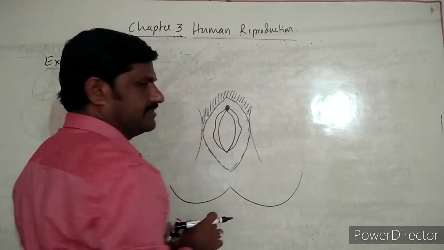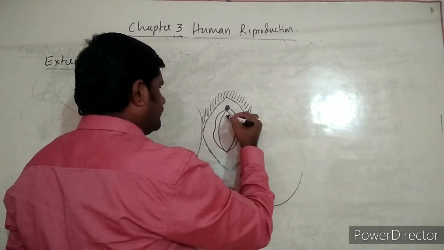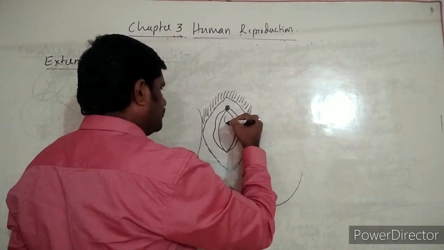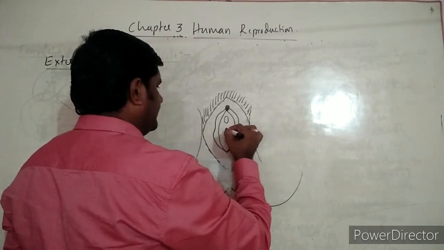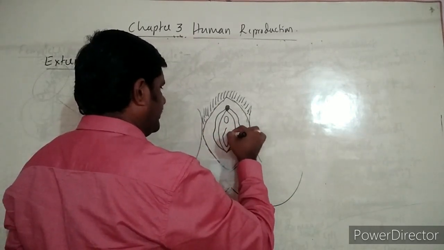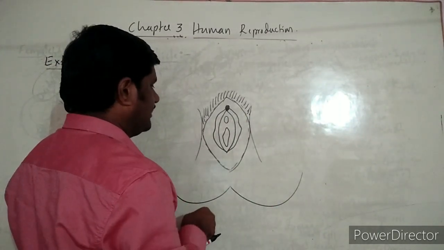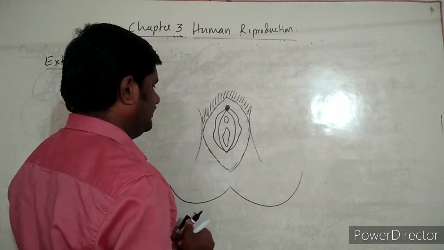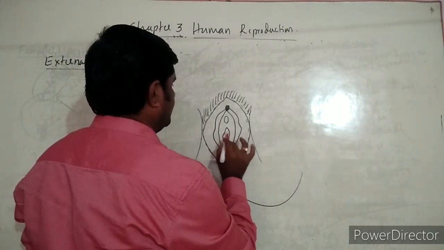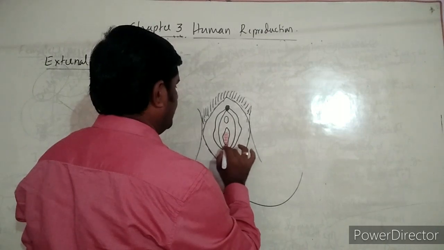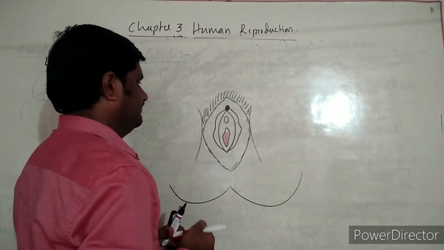And this region itself is called as a vestibule, and inside the vestibule you come across two openings. One is the urethral orifice and the second one is the vaginal orifice. And this vaginal orifice itself is partially covered with a thin membrane called as hymen.